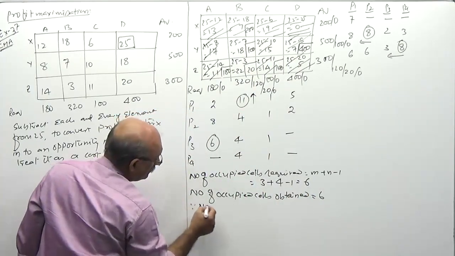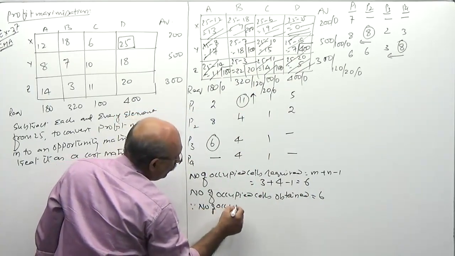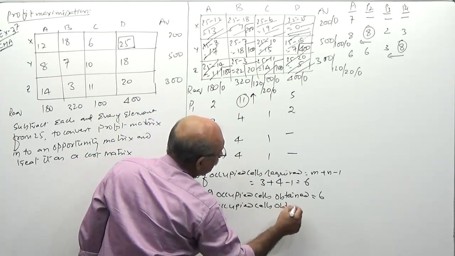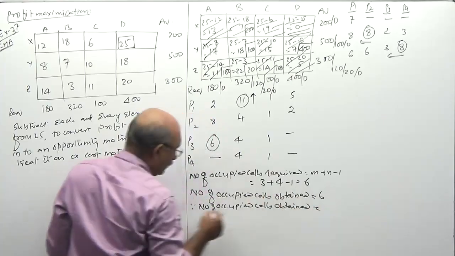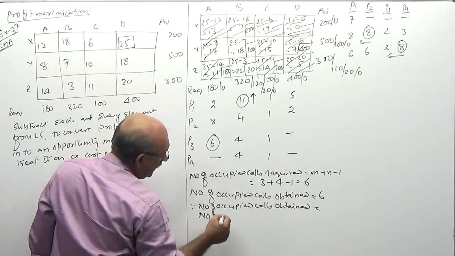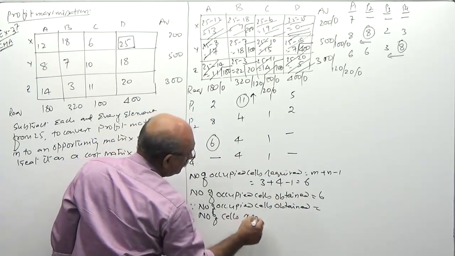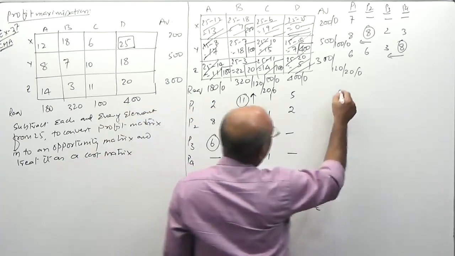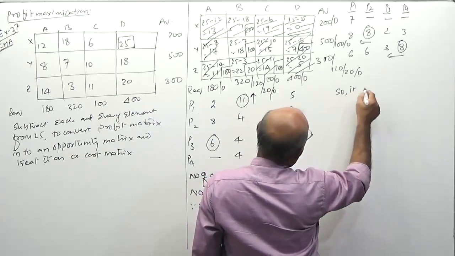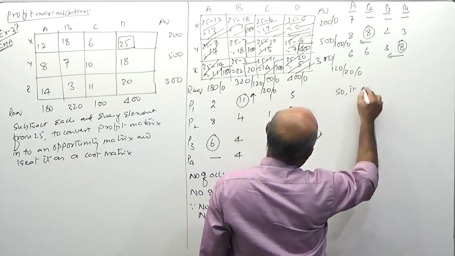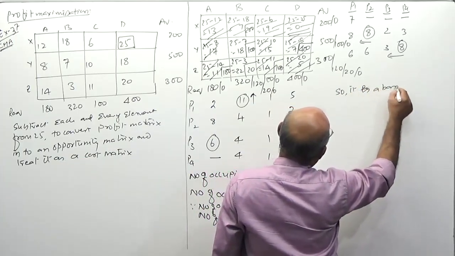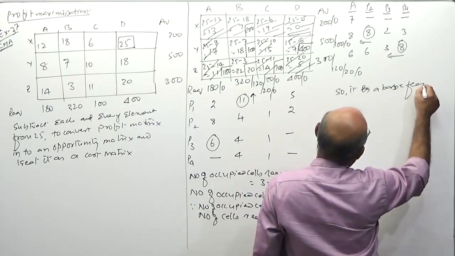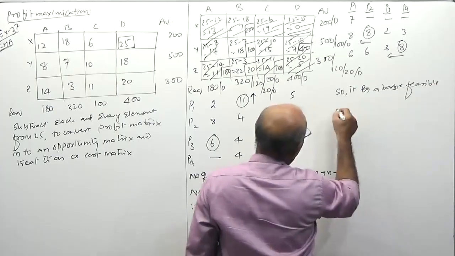Since the number of occupied cells obtained is equal to the number of cells required, it is a basic feasible solution.